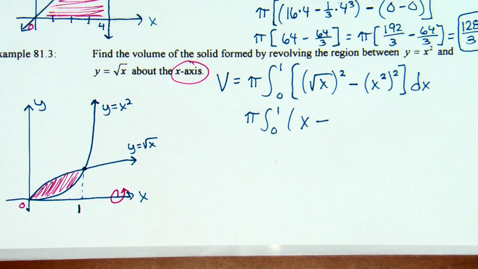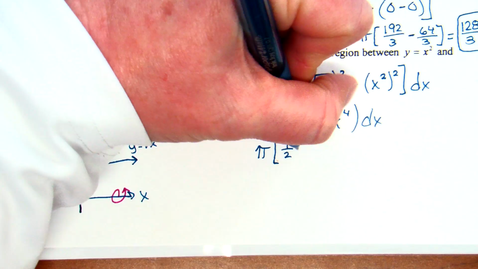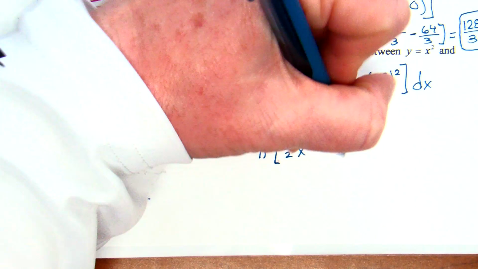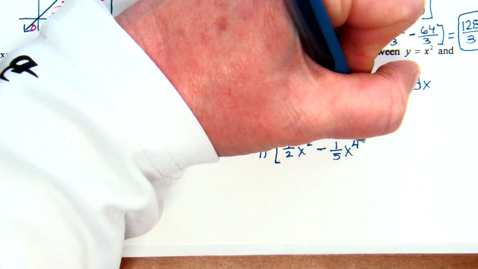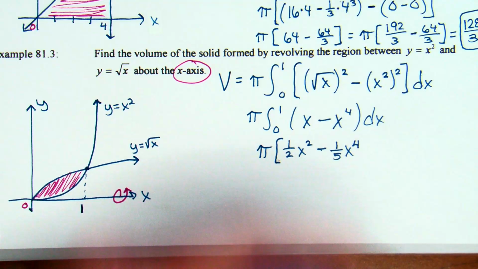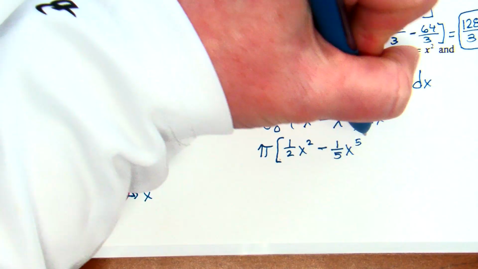Pi times, what's the integral of x? 1/2 x squared minus the integral of x to the fourth. Evaluated from 0 to 1.